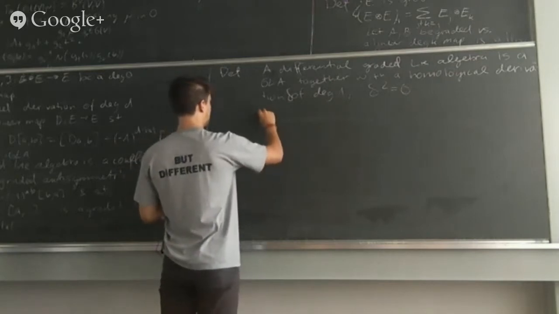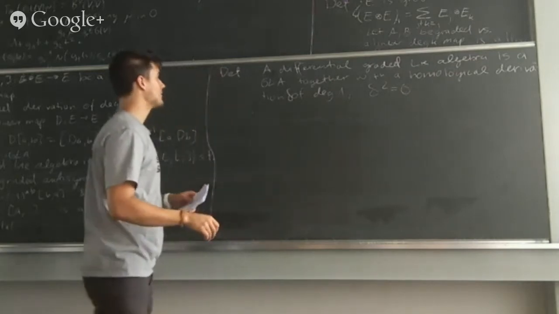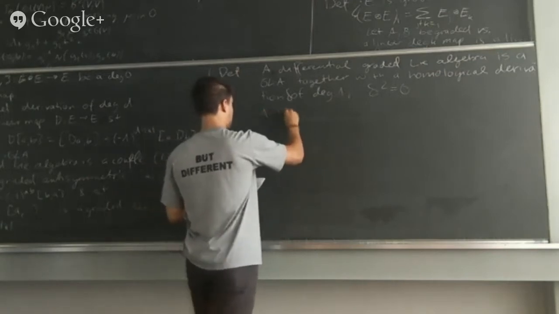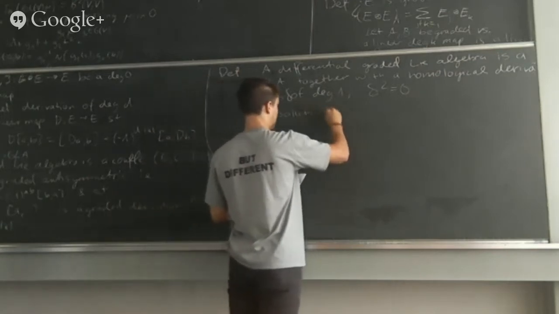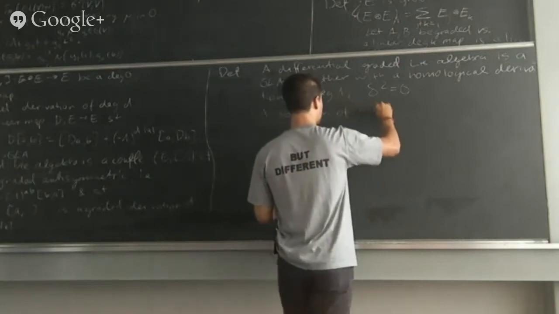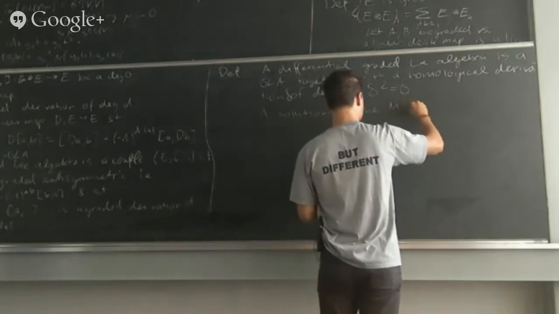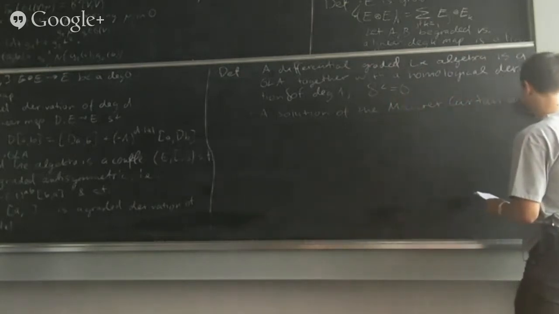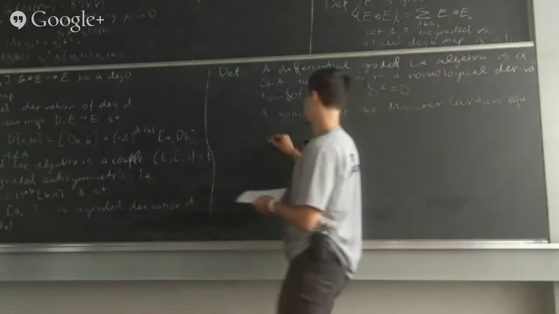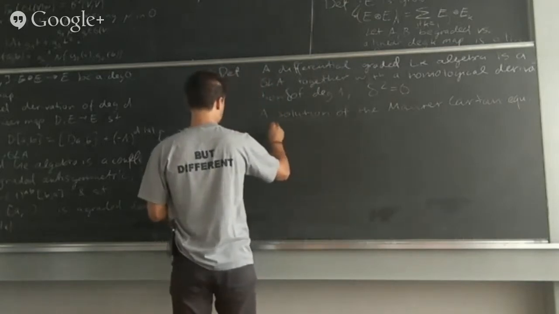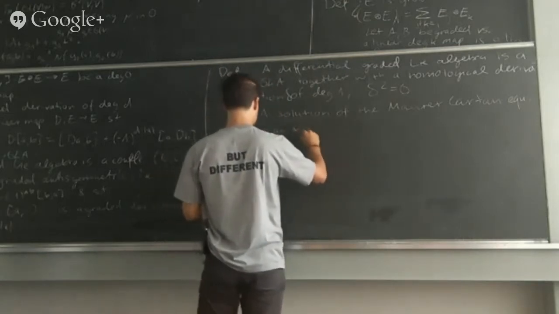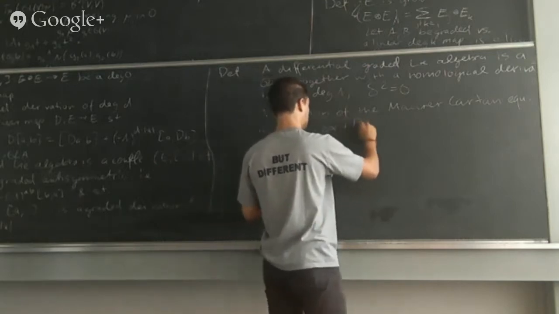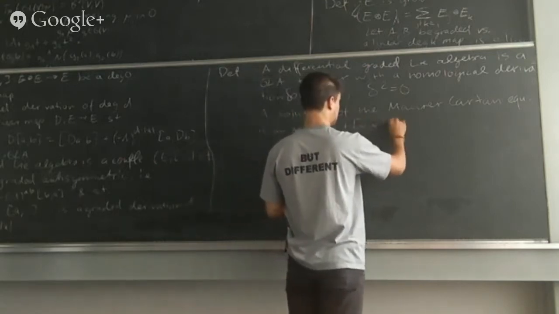And if one has a differential graded Lie algebra, a solution of the Maurer-Cartan equation using the bracket such that sigma of the element is zero.